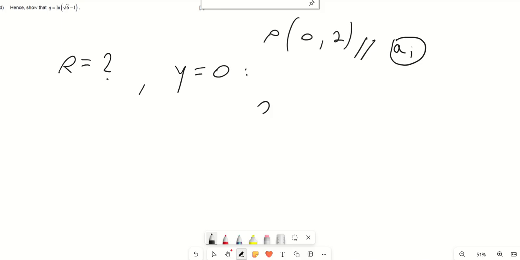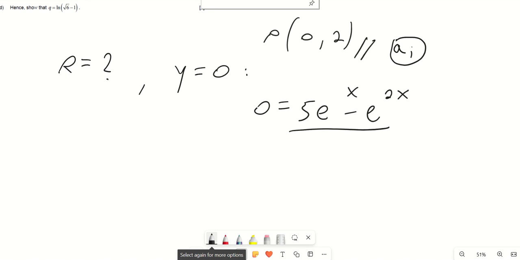Then I get 0 equal 5e to the power of 2x minus e to the power of x minus e to the power of 2x divided by e to the power of x plus 1.